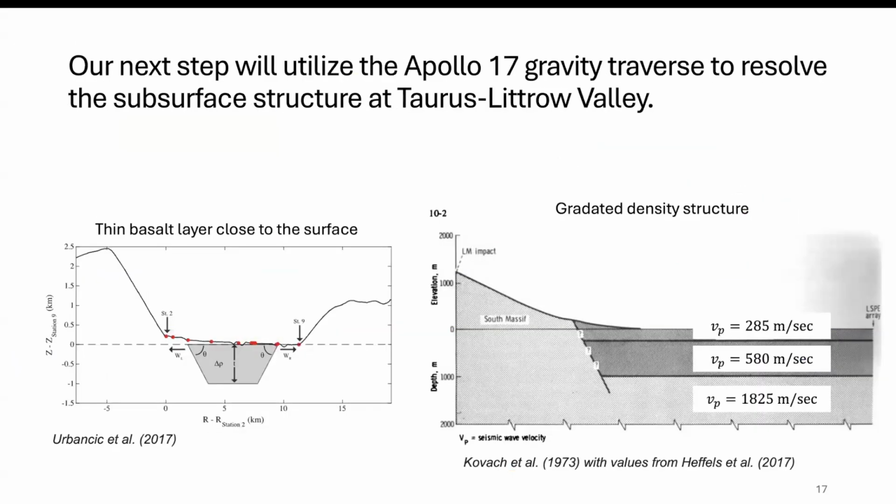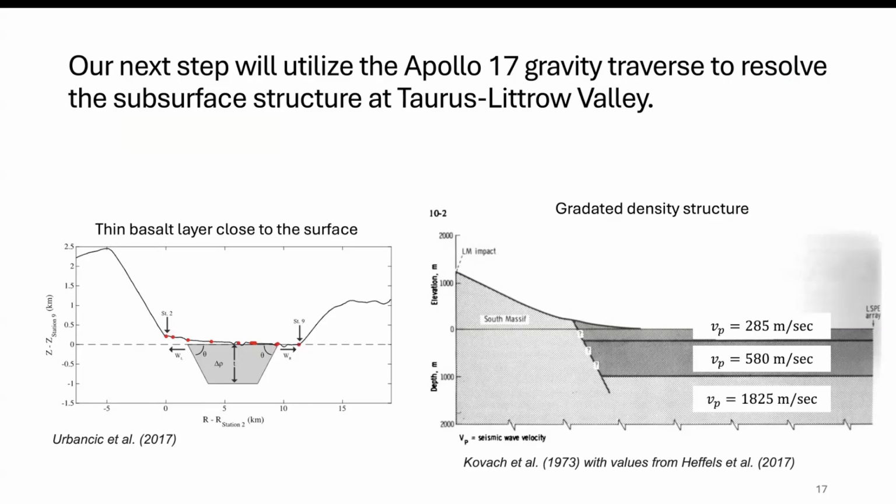So next we will be utilizing that Apollo 17 gravity data that I talked about earlier. And so basically we're putting our model to the test. On the left, we have a model that was done purely using the ground-based gravity traverse on Apollo 17. This model has a thin layer of dense basalt just under the surface.